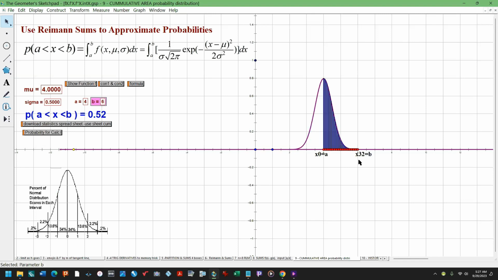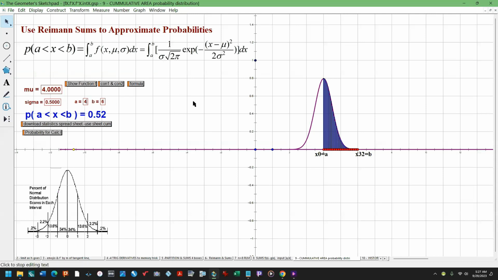There we go. So you can play with the curve. And if we look at the area, it says it's 0.52, and that's how many standard deviations. Well, let's just line it up so that we can do it easily.